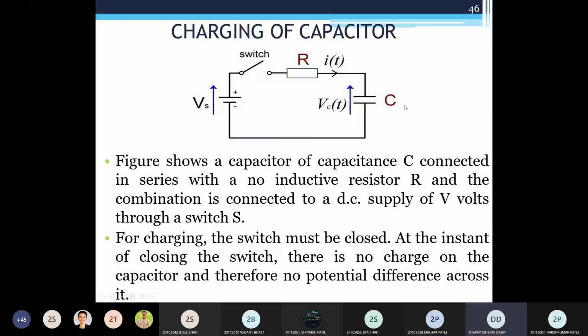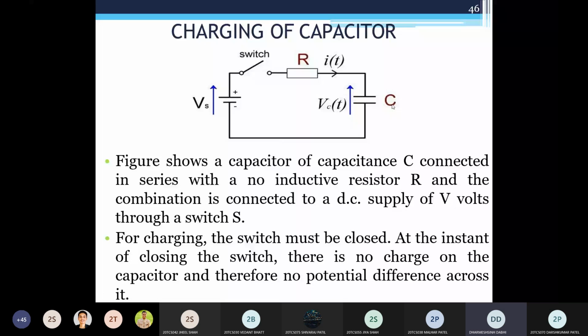As you know, the equation is Q equals C into V. So if Q is 0, voltage is also 0. Initially Vc is 0 because your capacitor is uncharged.